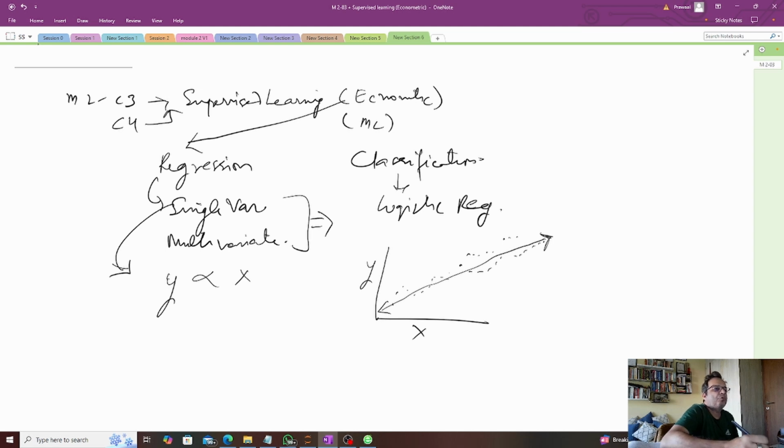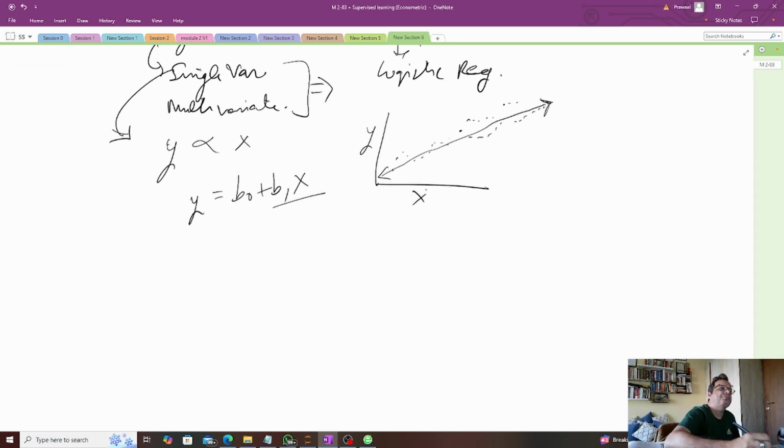And once you want to put a line, you will replace this proportionality with a constant and another coefficient that is multiplied to x. So this beta naught is called the intercept, and this is called the coefficient of x. Let's suppose this line intersects the y-axis here, so this distance is nothing but your beta naught.